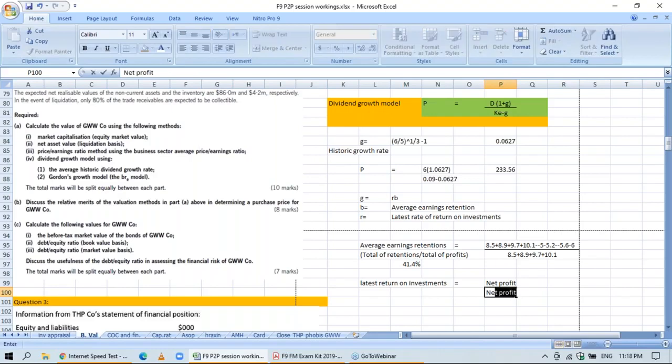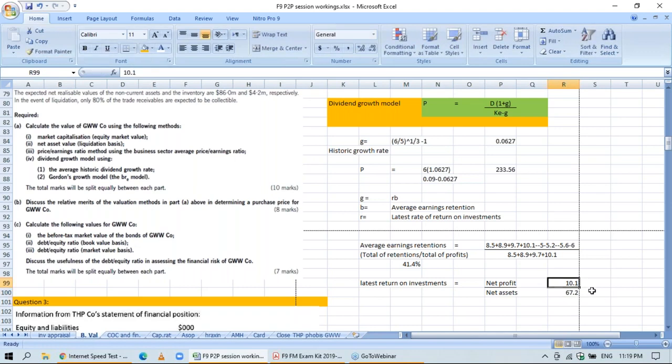This is the formula. Retention is average, but the net profit is not average, it is actual. It is the latest. The latest net profit was 10.1 divided by the net assets 67.2 from the balance sheet.